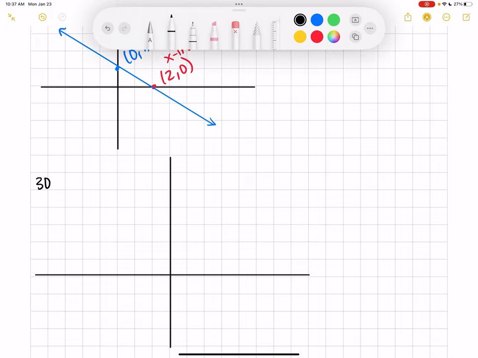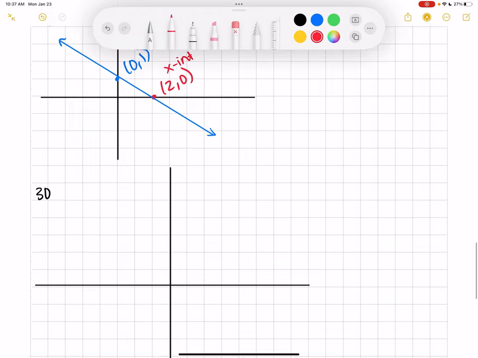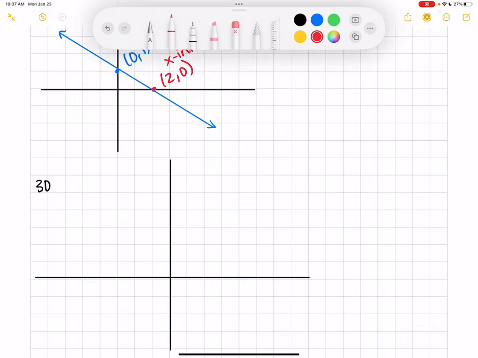All right, so then this one, same thing. They give you a point here, then a point here. So what would my x-intercept be for this one?